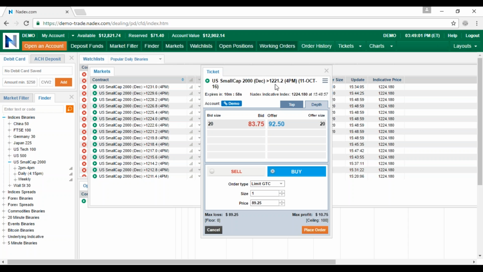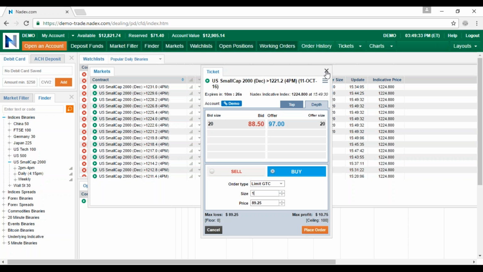Your binary says 1221.2, and if it expires at 1221.1, Christopher says, toast. You lost $89 based on what? One tick, right? So that's what scares you when you see this, because you're a binary trader. That's what scares you, right?